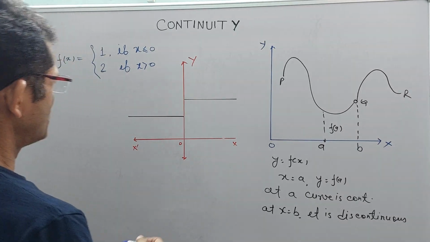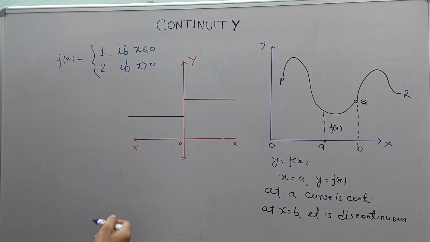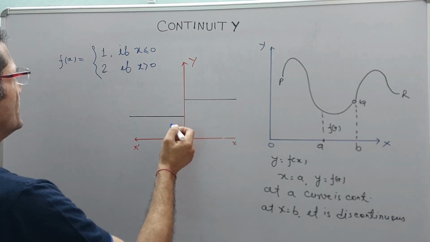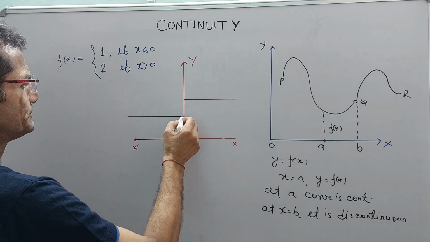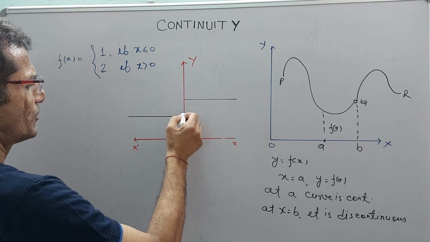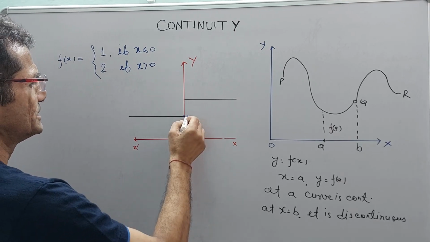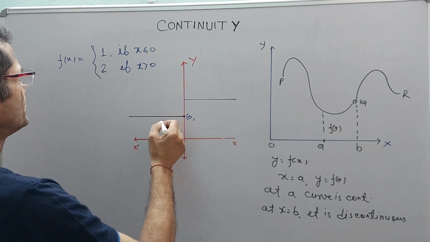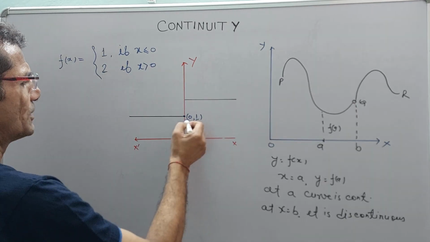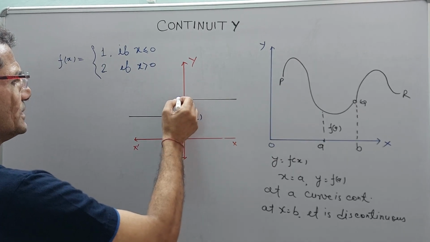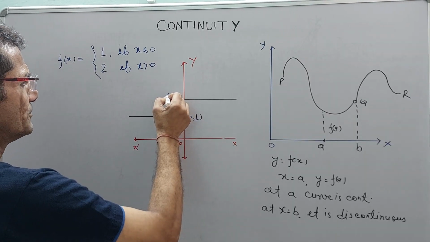So now this is the graph of this function. The coordinate of this point on the y-axis is x is 0 and y is 1. Now the coordinate of this point is x is 0, y is 2.